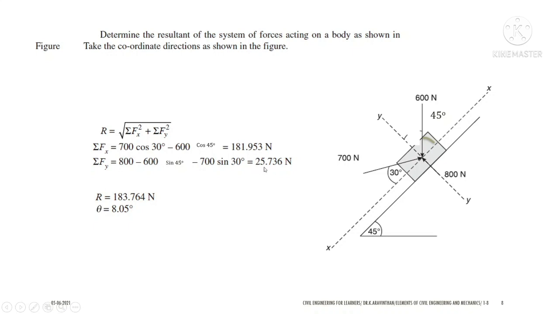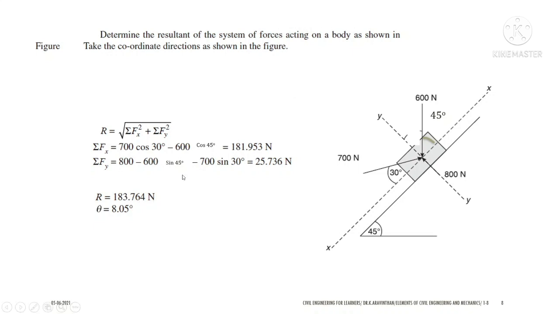So now you get 25.736 Newton for the summation of Fy, and the summation of Fx will be 181.953 Newton. Now that you have the two components, to find the resultant you take the root of the sum of squares of the vertical and horizontal forces, and you will get an answer of 183.764 Newton.